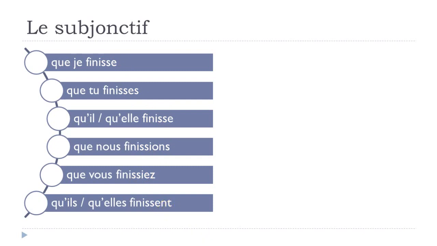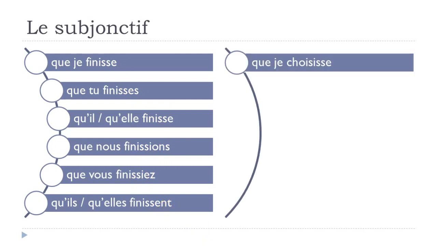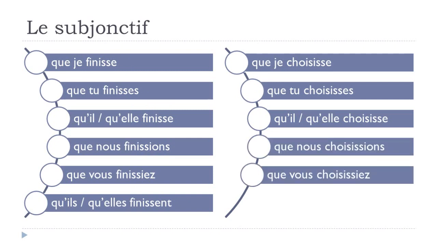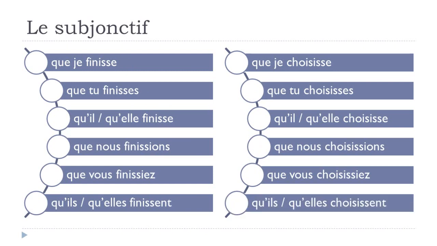And then, que je choisisse, que tu choisisses, qu'il choisisse, qu'elle choisisse, que nous choisissions, que vous choisissiez, qu'ils choisissent, qu'elles choisissent. All right. So the good thing is that for the second group of verbs, you don't have any major difference between the je, tu, il, elle, nous, vous, and ils, elles. You've got the same first part, okay? You just need to put the endings after.